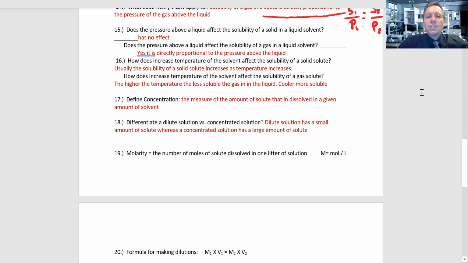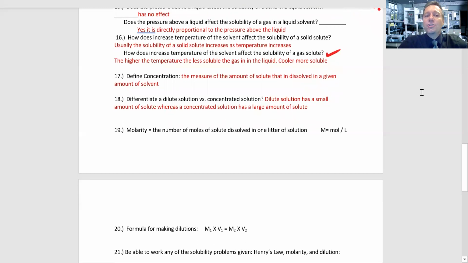How does increased temperature of the solvent affect the solubility of a solid solute? For the most part, the solubility will actually increase if you have higher temperature because there's more collisions, more opportunities for it to dissolve. However, when you talk about a gas, the higher the temperature, the less soluble.